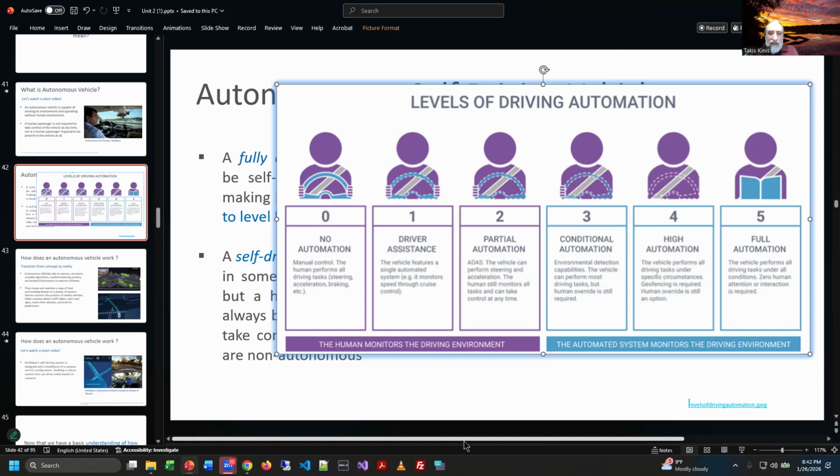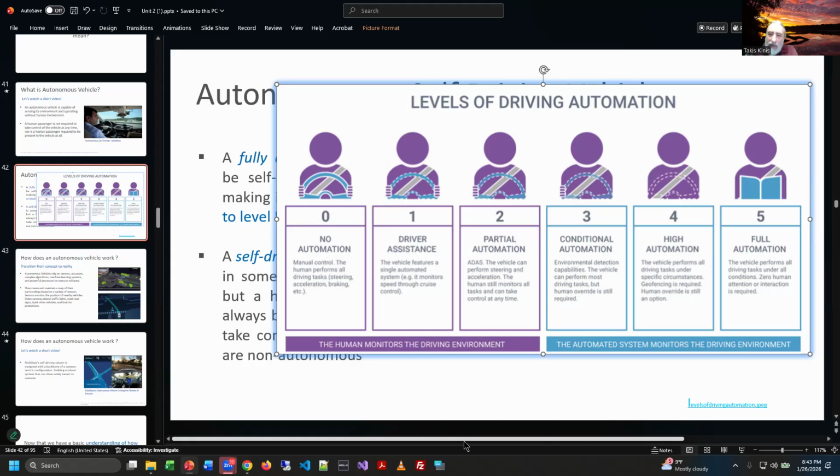And then we get up to this level 3 thing where it's into the automation area, and this is one of those really key words when we work with AI stuff, this word automation, right? And it says environmental detection capabilities. The vehicle can perform most driving tasks, but human override is still required. Probably like parallel parking, or maybe if it's snowy out and slippery, that kind of thing.